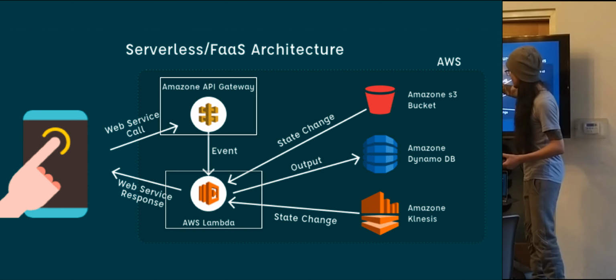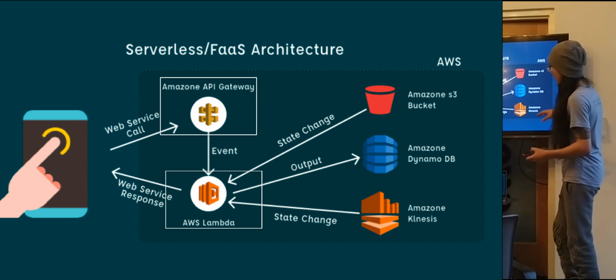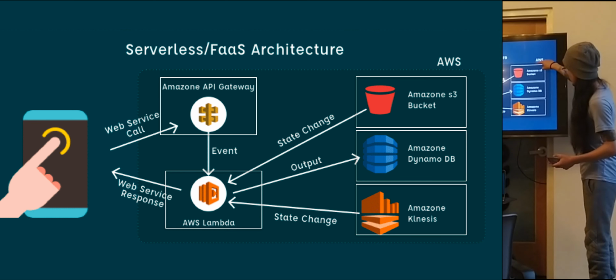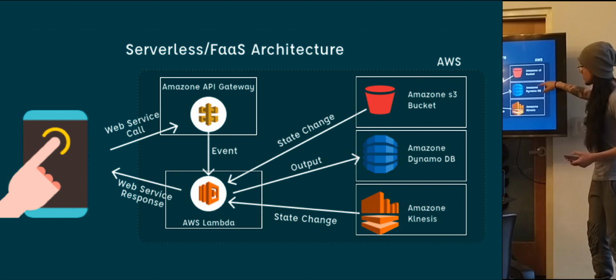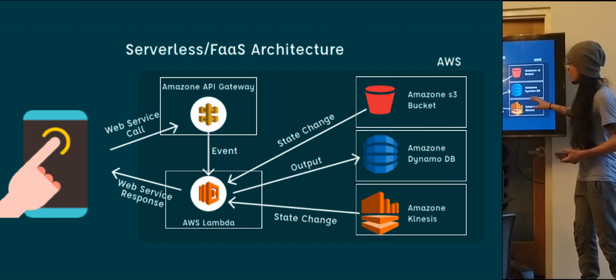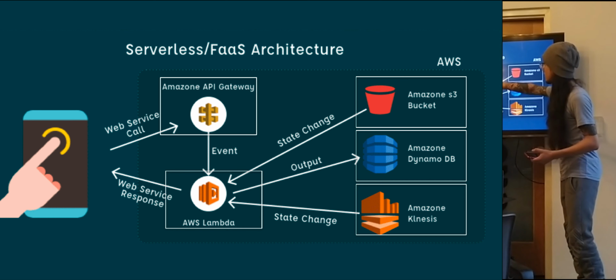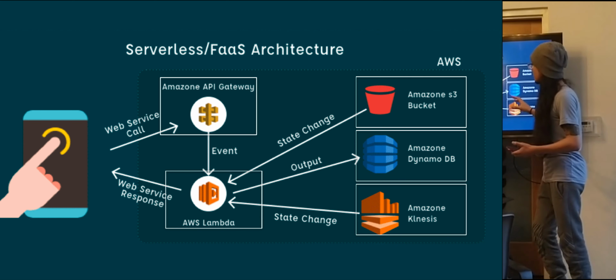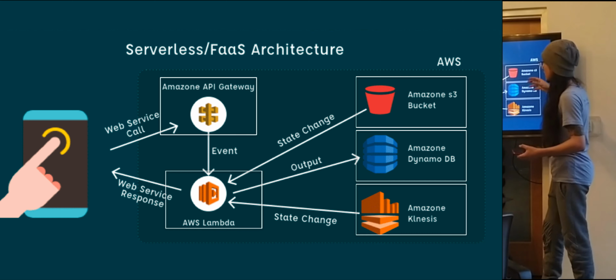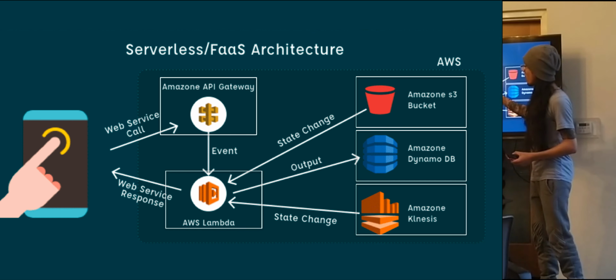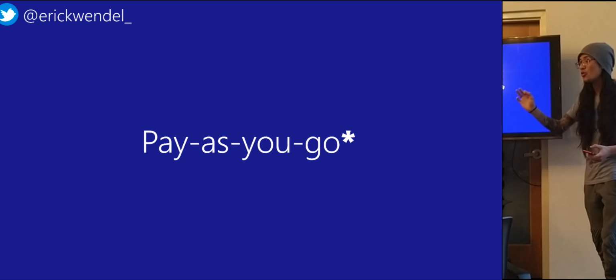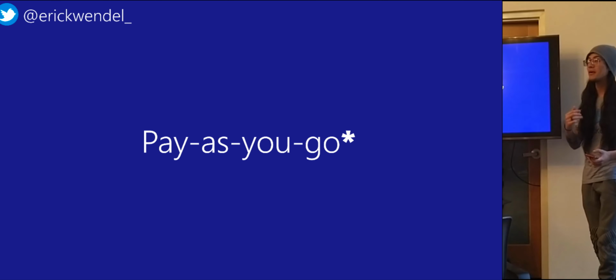All of these are services. I could use a storage service, a database, or make stream projects without a PC in the middle. The key point here is we use all of these services inside our infrastructure and we pay only for what we use. So the first cool and bad thing is that we pay as we go.